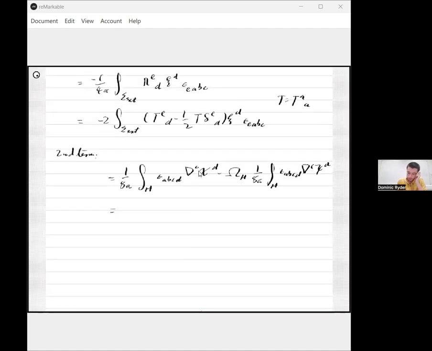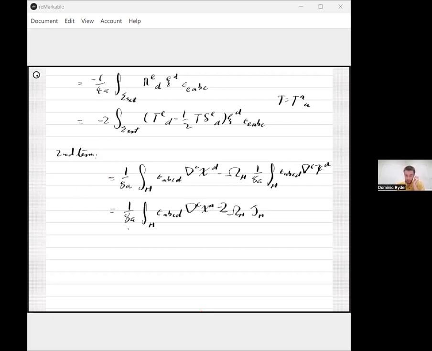Now you'll notice that this is just the Komar integral for J, and so we can write 1 over 8 pi epsilon_ABCD chi^D, minus omega_H J_H. Sorry, I forgot a factor of 2: minus 2 omega_H J_H. Great, so we've got one of our state variable terms.